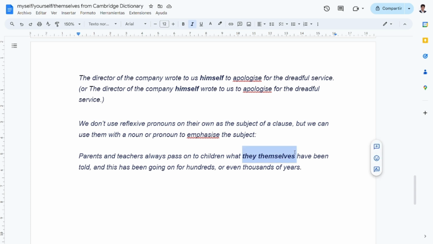In that case, check it out. What they themselves is basically the subject, right? But we don't use the reflexive pronoun directly in this sentence. It's not like this, what themselves. No, that doesn't exist. We complement the subject, like what they themselves have been told, right? So keep this in mind.